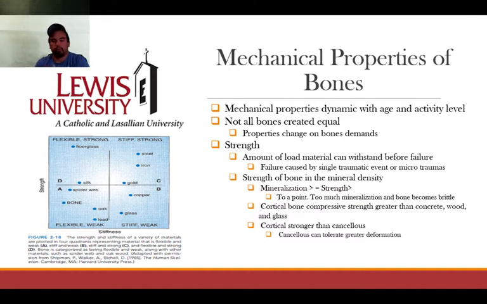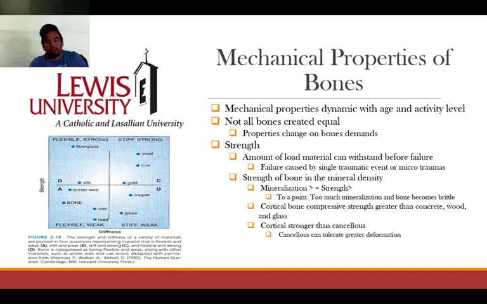The strength of bone is in the mineral density. So the more dense the minerals, the stronger the bone. The greater the mineralization, the greater the strength. More minerals, more density, more strength.